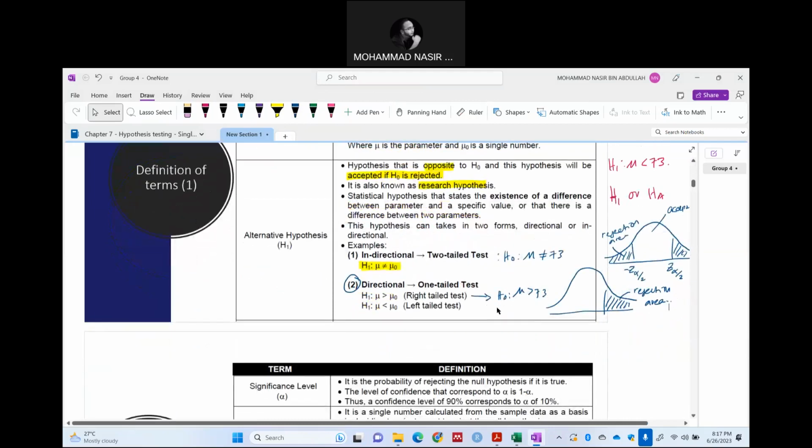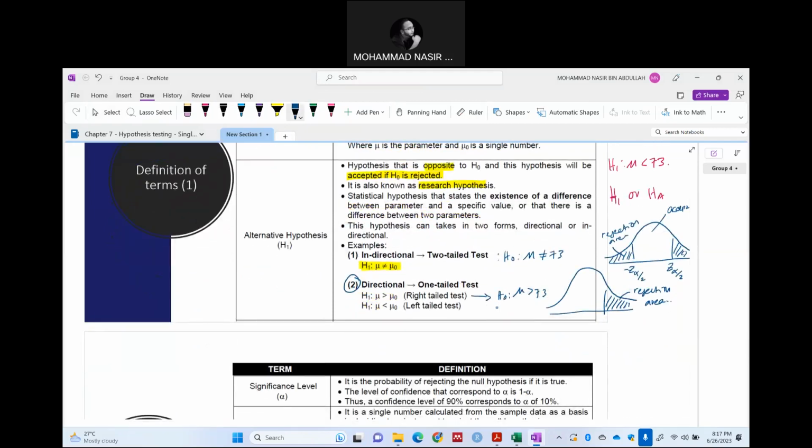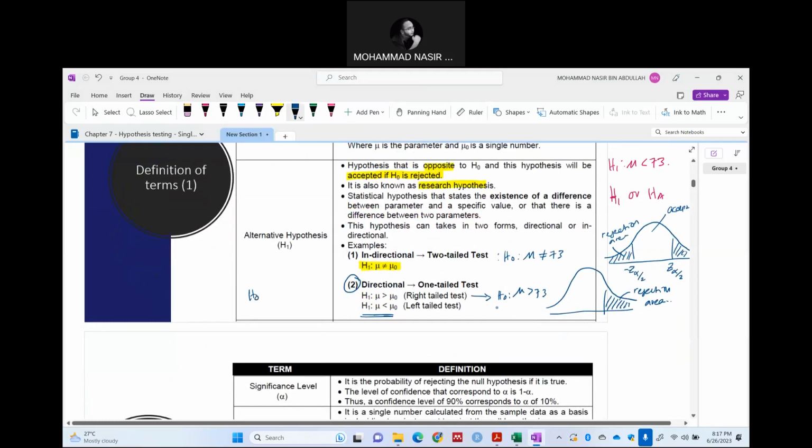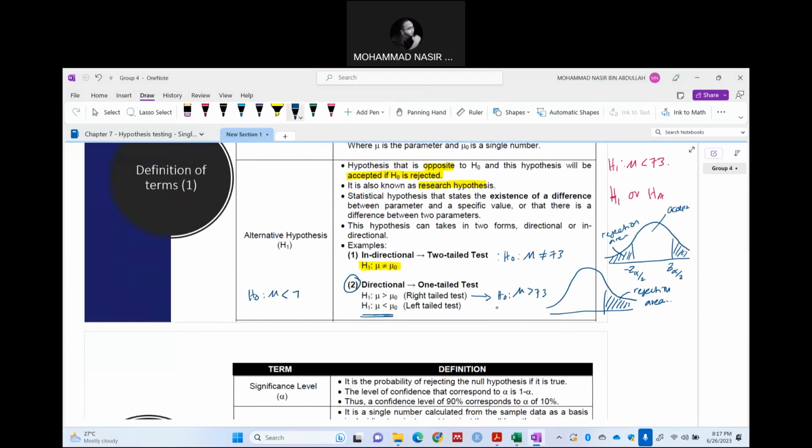Right. Another type of one-tail test we have is to the left, which is mu less than 73, mu less than mu naught. So this one we are measuring the area to the left, which is less than. So this is the rejection region, and this is acceptance region.